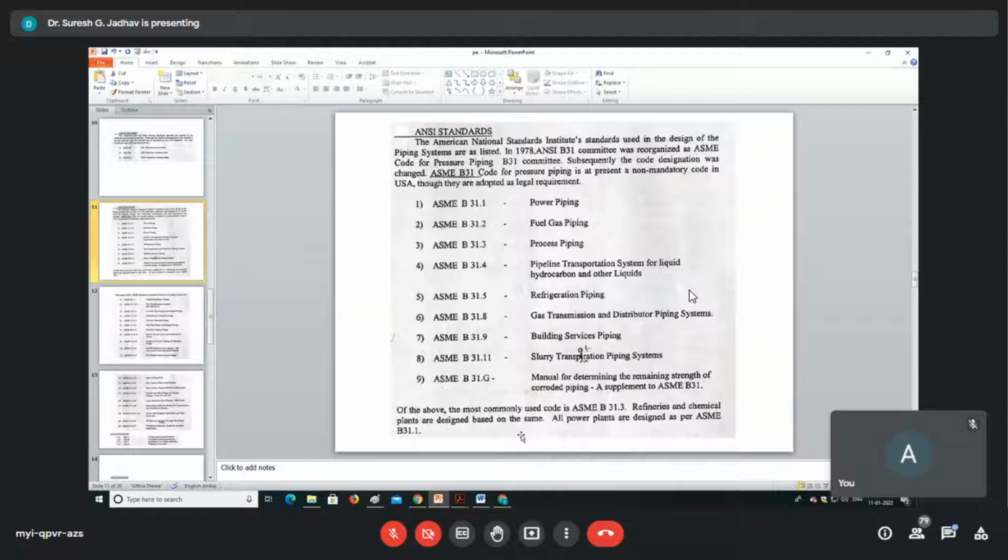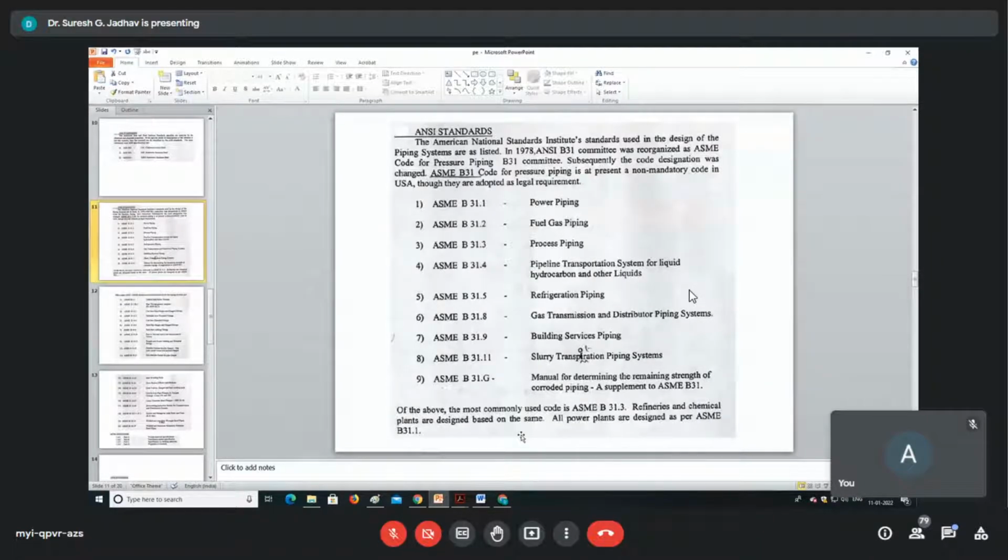It is at present a non-mandatory code in the United States of America. They are adopted as legal requirements. So here we can see the list of different piping engineering areas and their standards. The first one is ASME B31.1, so we use that code in power engineering. Next is fuel gas piping, ASME B31.2. The third one is process piping, that is ASME B31.3.